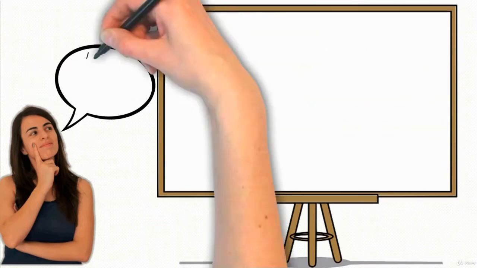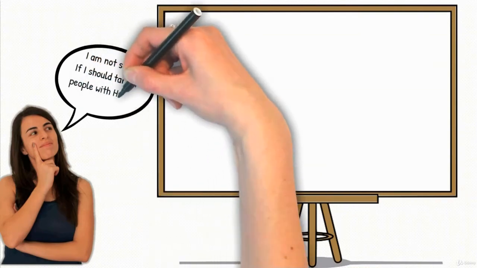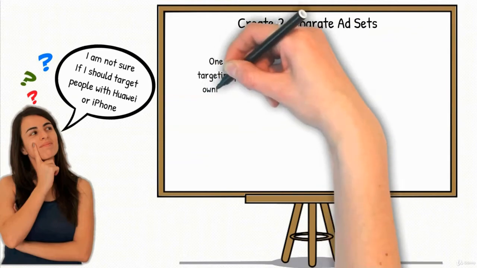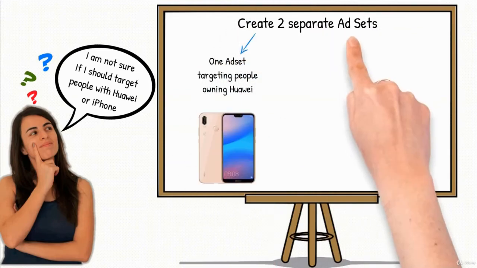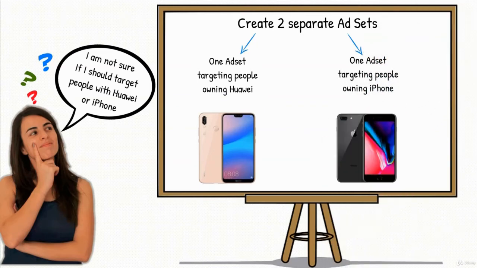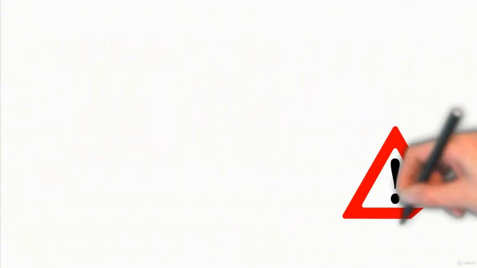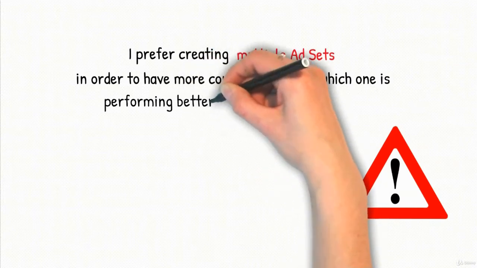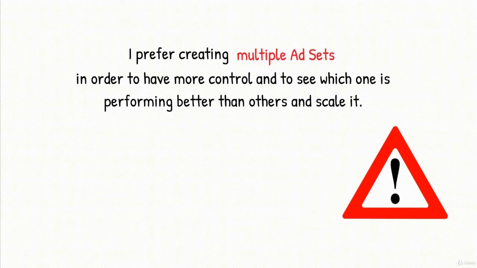Also, another example: if I have a doubt that people having a Huawei will be more interested in my product than people having an iPhone, then I will create 2 different ad sets, each one targeting people having a specific phone, and see which one converts better, and then shut down or optimize the second one. Personally, I prefer creating multiple ad sets in order to have more control and to see which one is performing better than others and scale it.